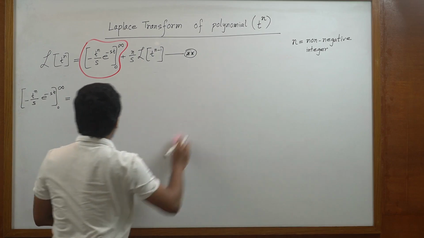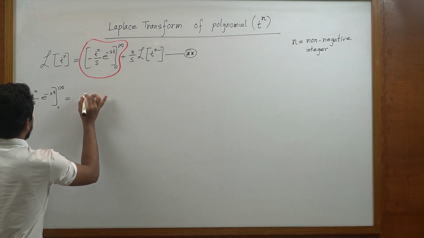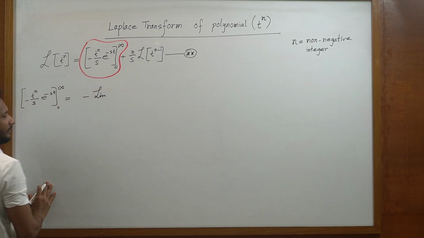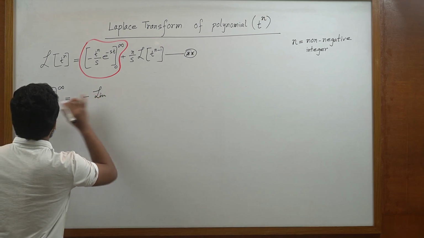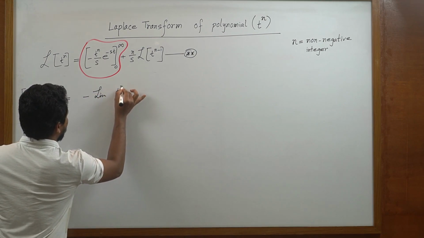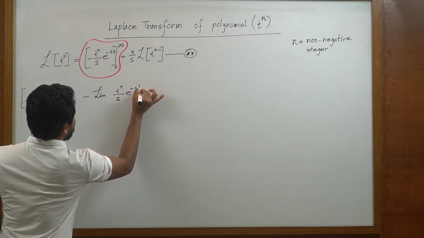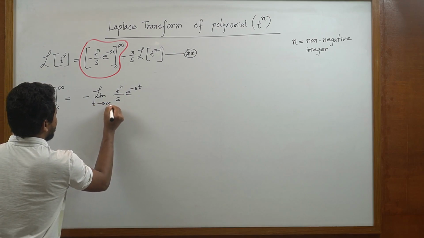Now by putting the limiting value we get minus limit of, by putting the limit value infinity, we get minus limit of t to the power n by s e to the power minus st as t tends to infinity.